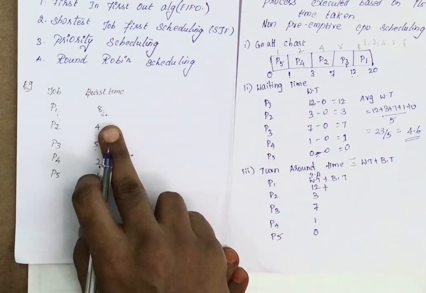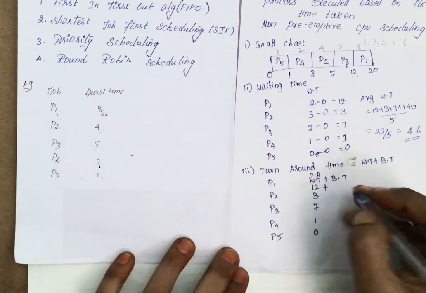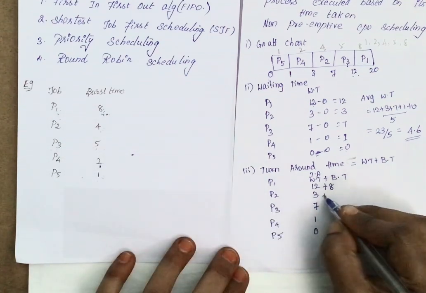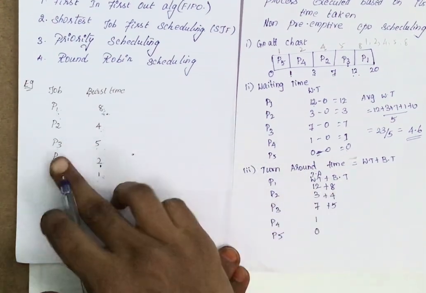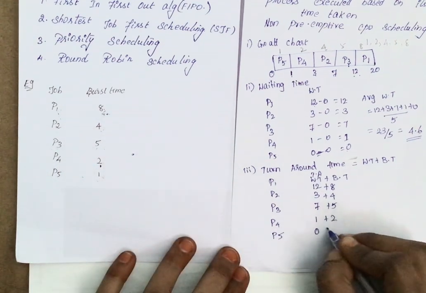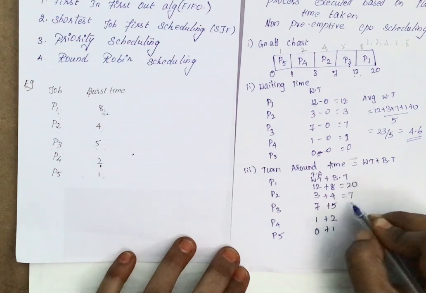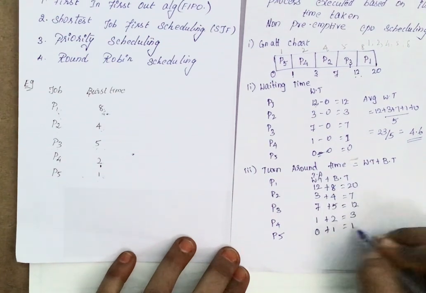P1 takes 8 seconds for completion, so plus 8. P2 takes 4. P3 takes 5. P4 takes 2 and P5 takes 1. So the values are 20, 7, 12, 3 and 1.